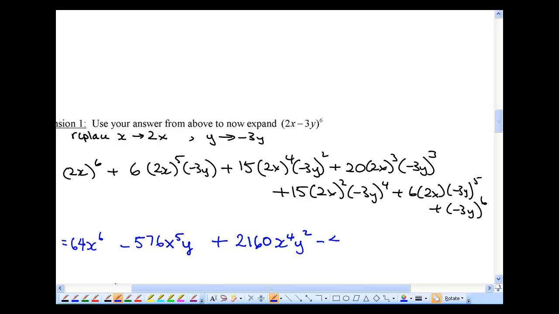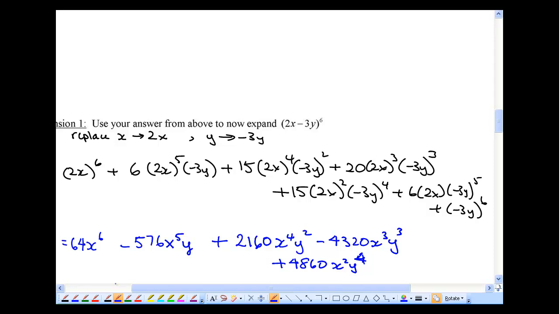That's minus 4,320. X cubed, y cubed. Continuing on, I said it's 15 times 2 squared is 4. That's 60 times negative 3 to the power 4. That's 81. Multiply that out. 4,860. And then there's x squared, y to the 4.